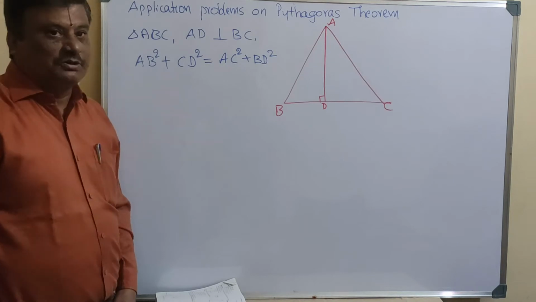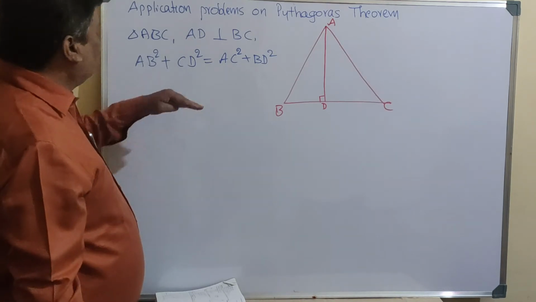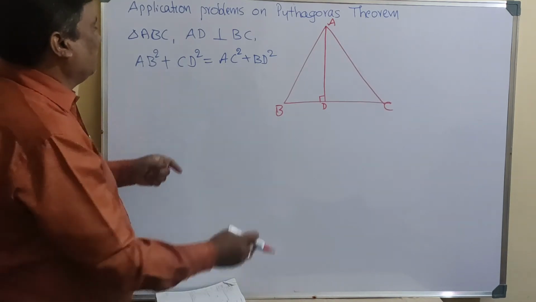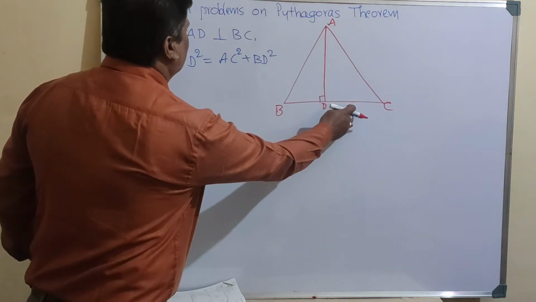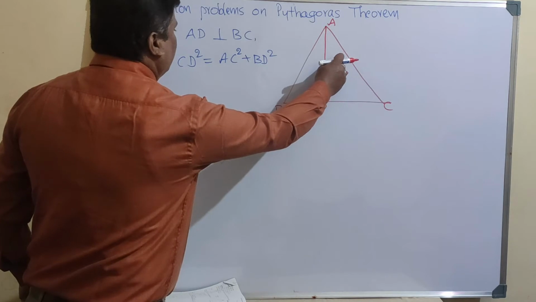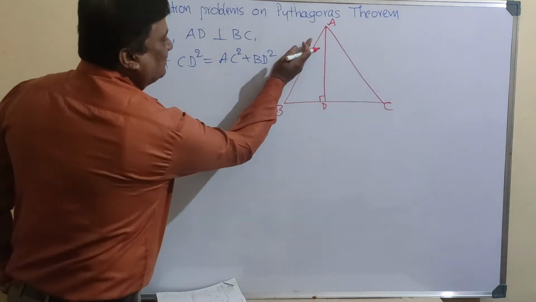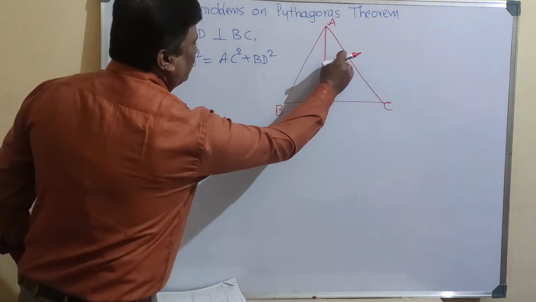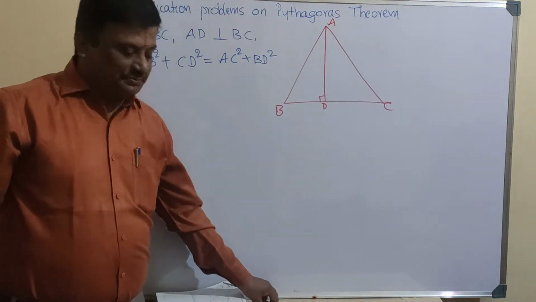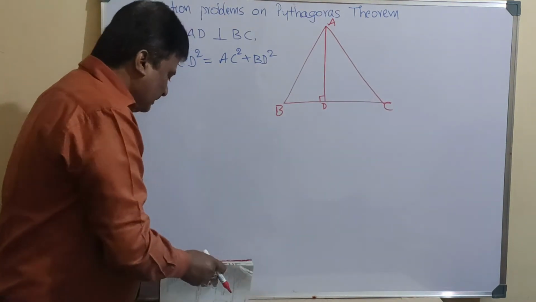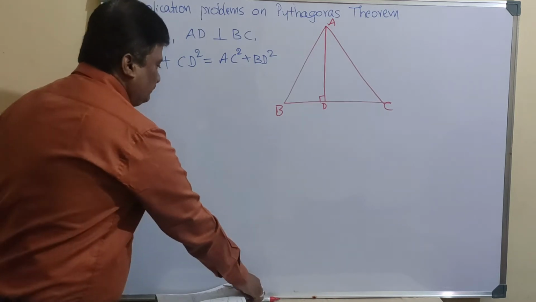Then we want to prove that AB square plus DC square is equal to AC square plus BD square. That's what we want to prove. Now let's see how we can prove this theorem.